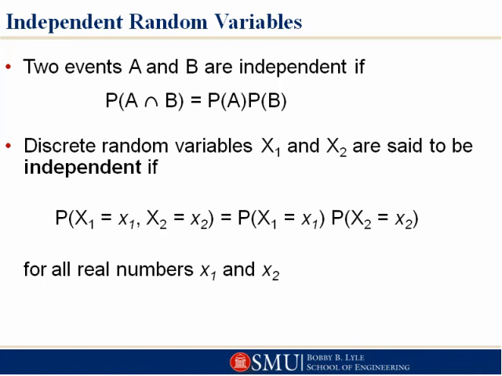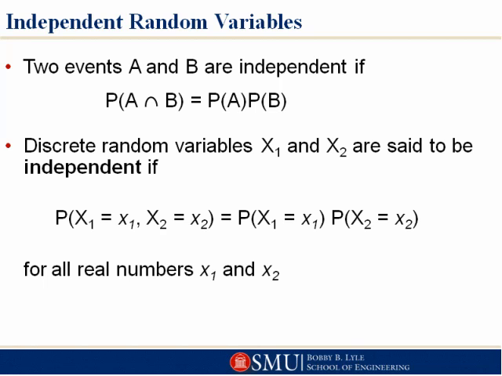That particular pairing of values of x1 and x2 has to be equal to the probability of x1 equaling that specific value times the probability that x2 takes the value of little x2. And you do that for all real numbers x1 and x2 that your random variables x1 and x2 can take.